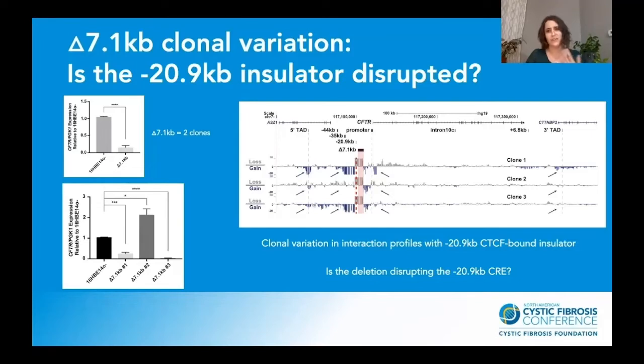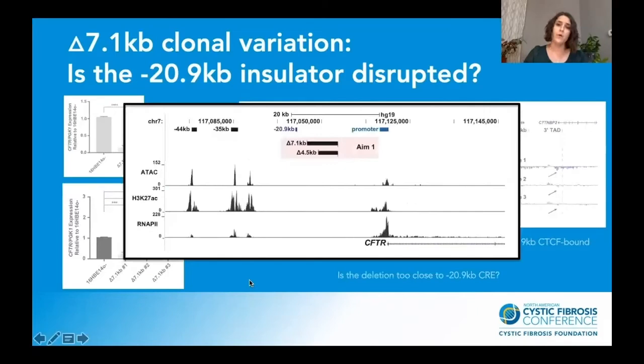This has now led us to question if this particular deletion is actually disrupting the function of the minus 20.9 kb enhancer blocking insulator. Even though we're not deleting that sequence, we might be impacting the function of this element differently in these different clones. So to answer this, we're currently generating a smaller deletion in this region.